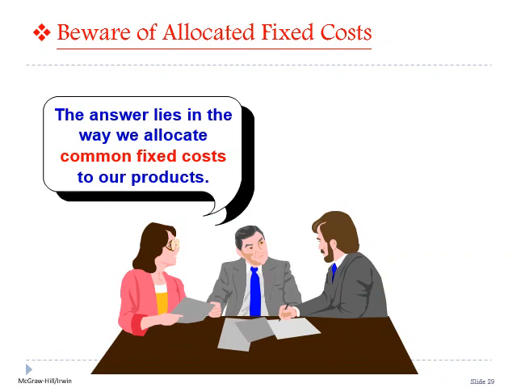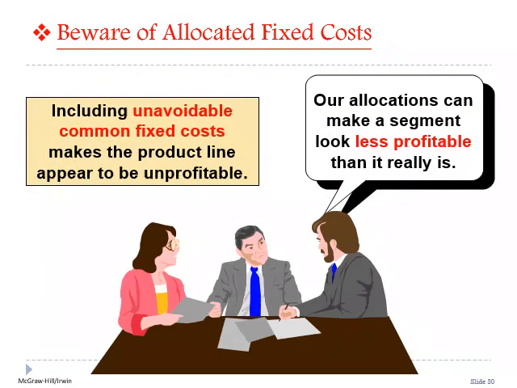The answer to our question lies in the way we allocate common fixed costs to our products. الطريقة اللي أنا بخصص بيها common fixed cost اللي هي التكاليف الثابتة العامة على المنتجات بتاعتنا. طيب هنا بيقول لي including unavoidable common fixed costs make the product line appear to be unprofitable. زي ما حصل كان في including لل unavoidable common fixed cost ضمن fixed expenses او fixed cost، فخلى البرودكت لاين اللي هو بتاع الديجيتال واتش looks unprofitable، أقل ربحية.